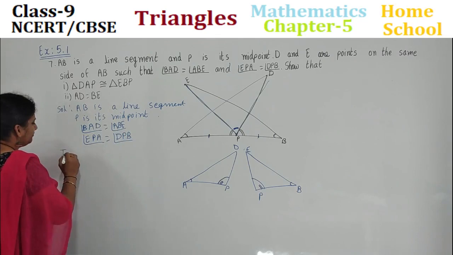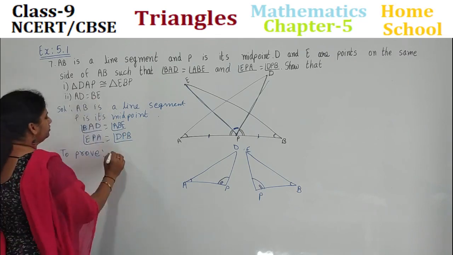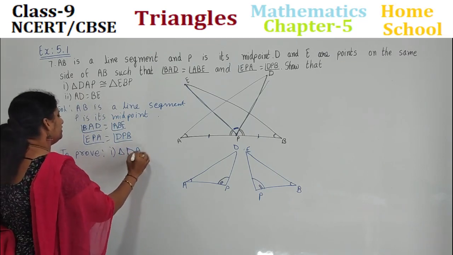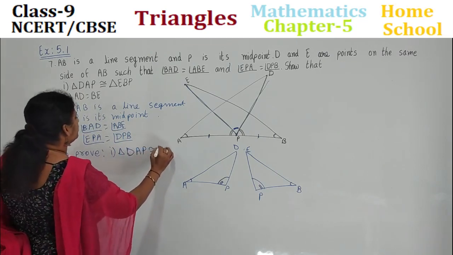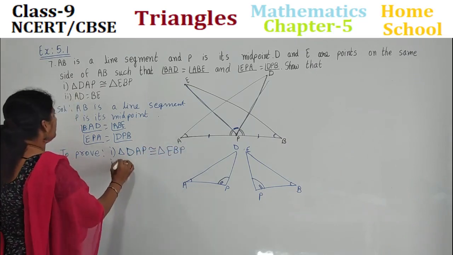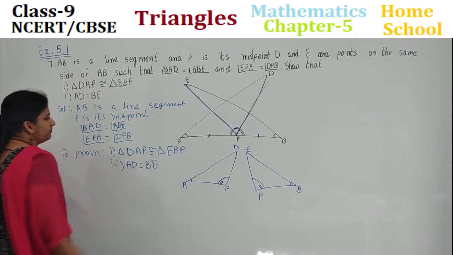Show that, to prove, what do we need to prove? First one, triangle DAP is congruent to triangle EBP. And second one, AD is equal to BE.